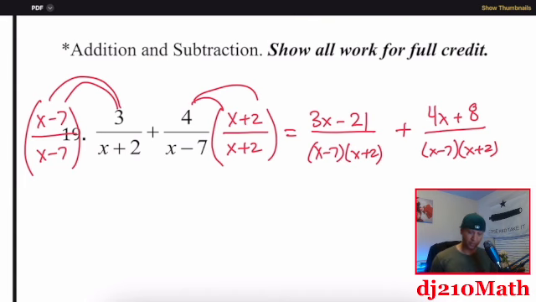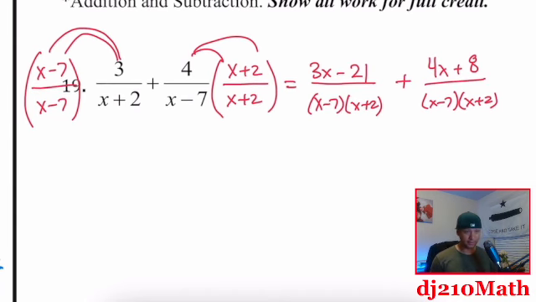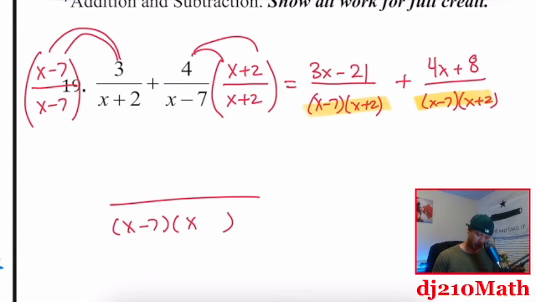So now we combine like terms in the numerator, right? Because right now the denominators match. x minus 7, x plus 2. So that means we can put it all together, one big fraction. So combining like terms, 3x plus 4x makes 7x.